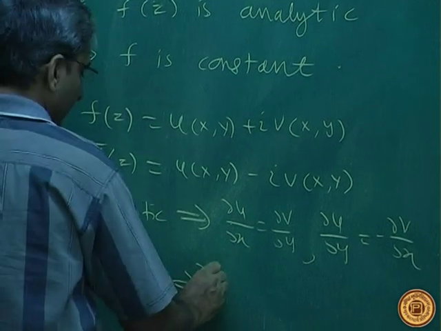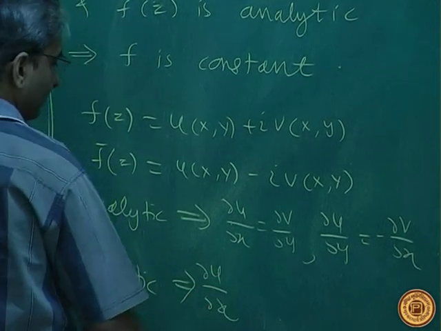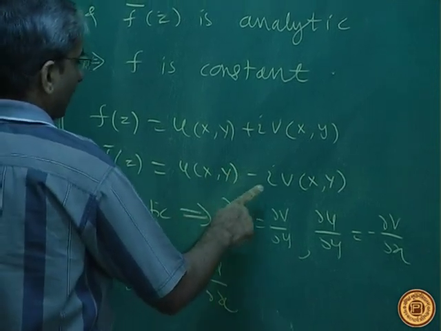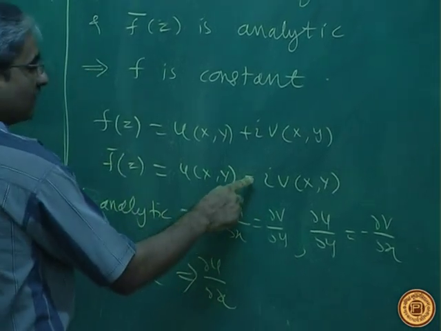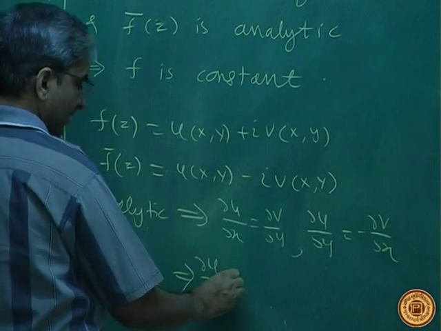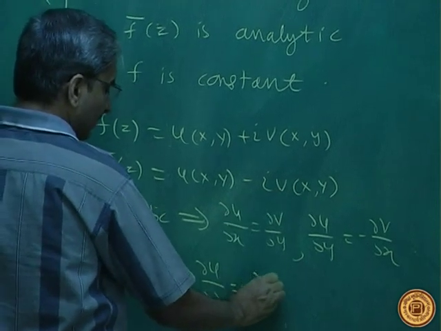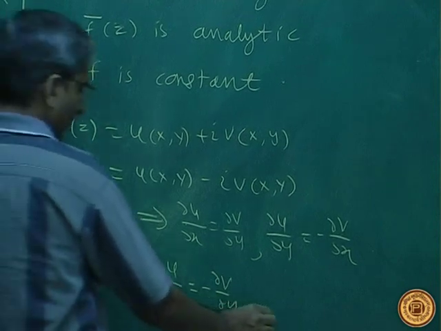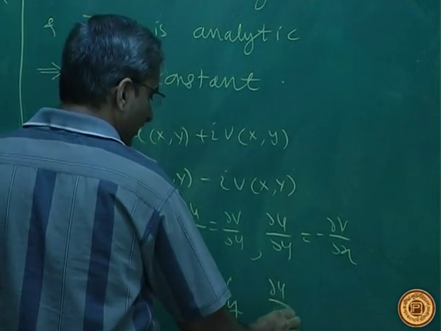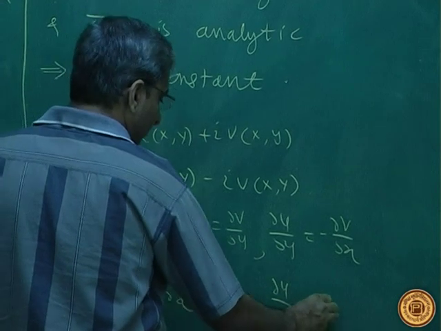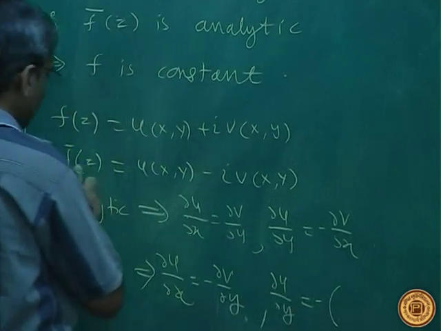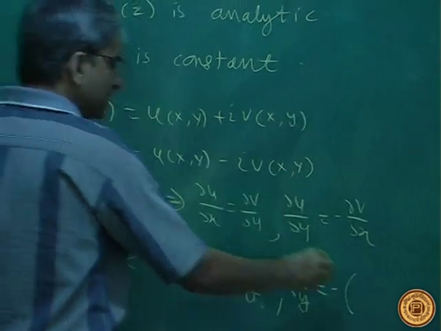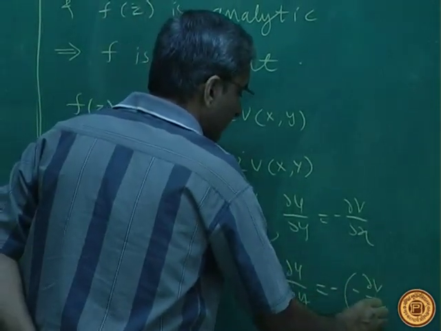∂u/∂x is equal to ∂v/∂y, but v means here minus v. So it is minus ∂v/∂y, and ∂u/∂y is minus ∂v/∂x, but again here minus means minus ∂v/∂x.